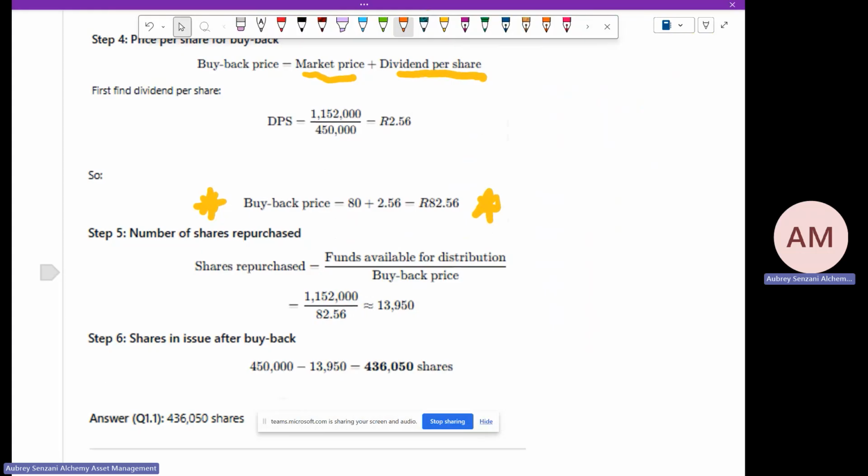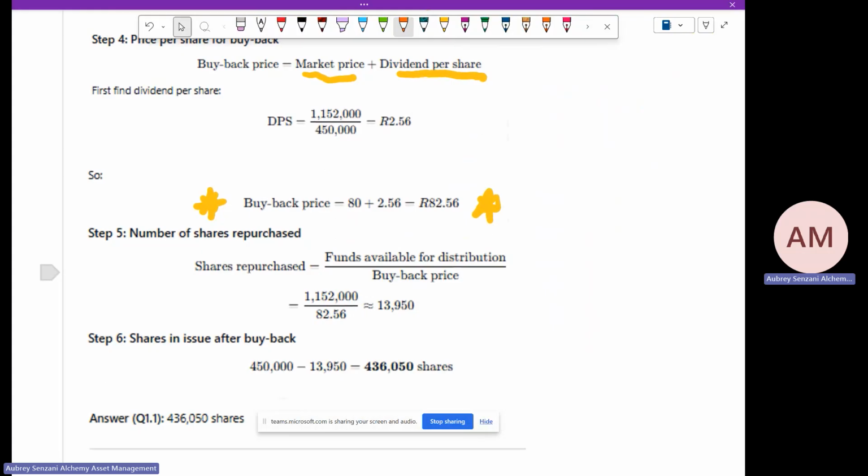But we only have limited funds. We only have total dividends worth 1,152,000. So we ask how many shares, based on that total dividend payout, can we actually buy back? We take that 1,152,000 divided by the buyback price per share, and we can buy back approximately 13,950 shares.